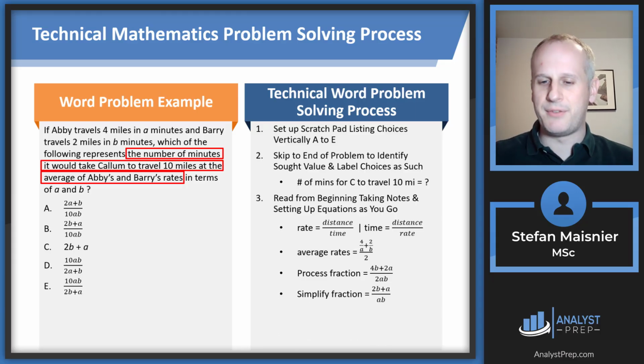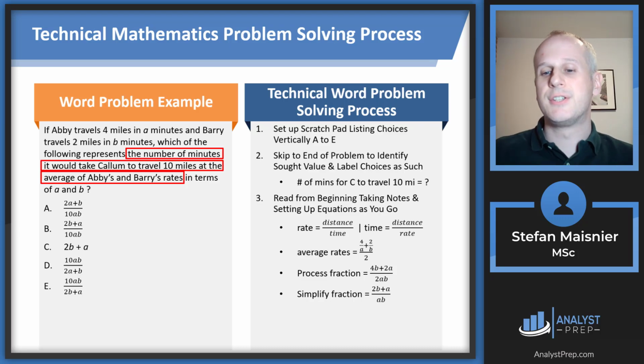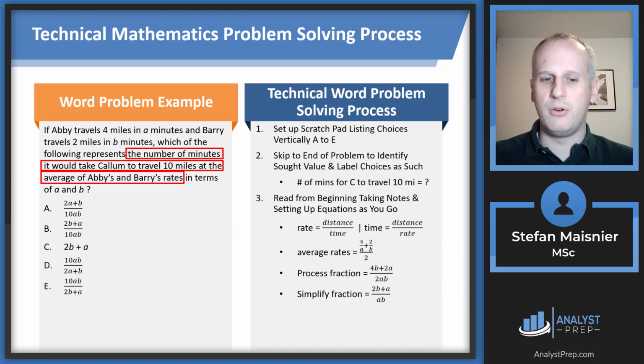Then we want to simplify this fraction. So we know that 4b plus 2a all over 2ab, there are factors of 2 throughout, so we can remove those and get 2b plus a all over ab.